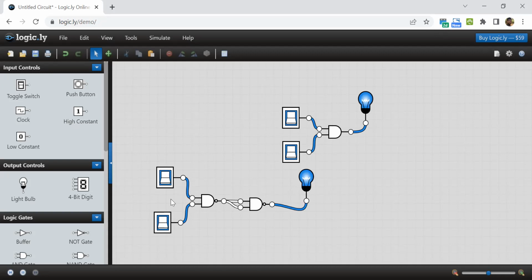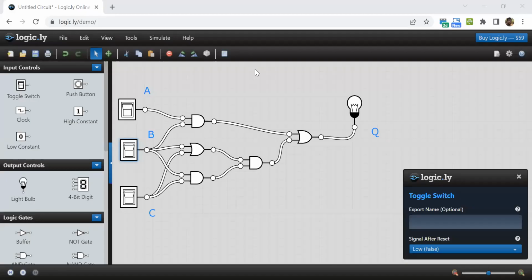So we can verify that using this circuit builder, a simple tool, right? We can create an AND gate using 2 NAND gates. Try all the other gates. Right, now look at this circuit.